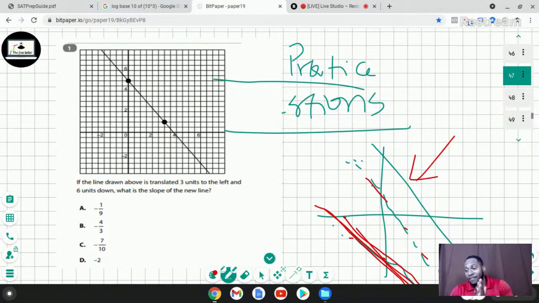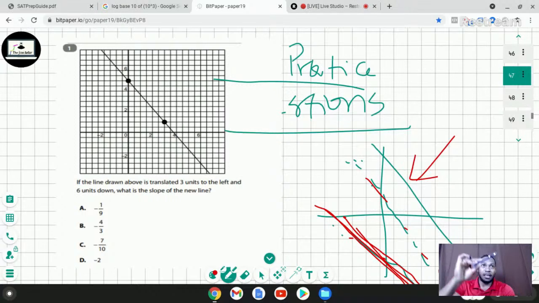Now, if I have the line right here and I translate it up or down, and I don't change the orientation, I don't change how it's going up this way, I still keep the same slope. So translating doesn't really change the slope.